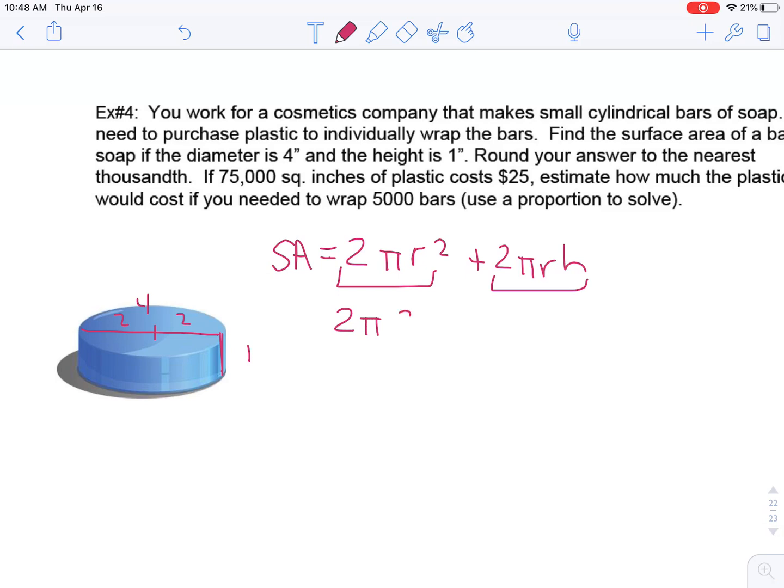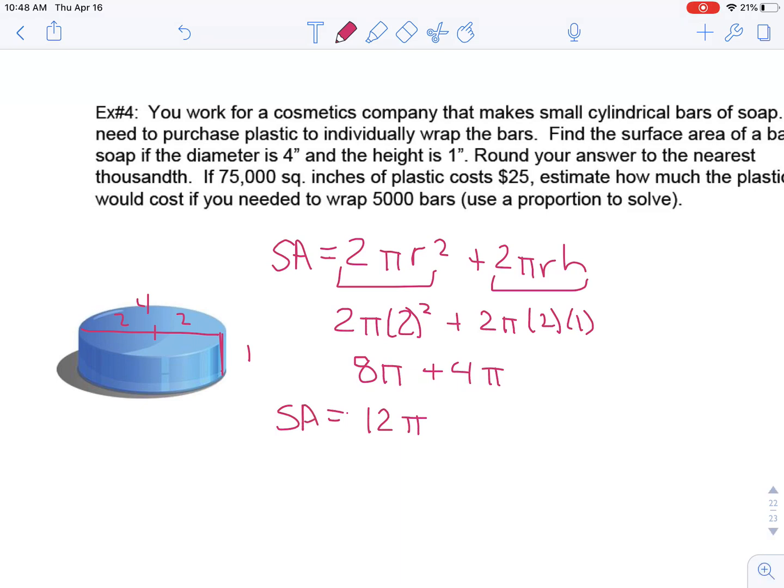So we got 2 pi, our radius is 2, so 2 squared, plus 2 pi, radius is 2, height is 1. So we get 8 pi and 4 pi. So we see this is 12 pi.